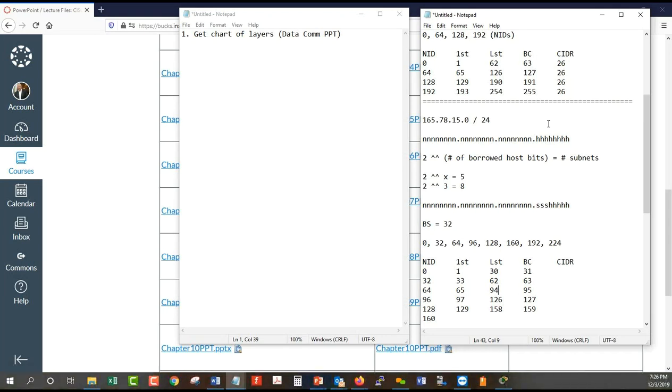And the thing that should have really keyed me off here as a double check, okay? Again, your network IDs are always going to be even. Your first address is always odd. Your last address is always going to be even.